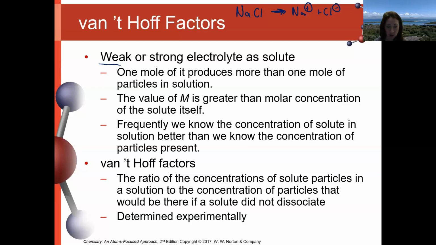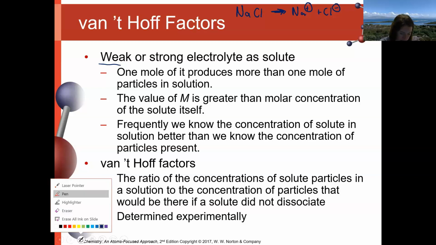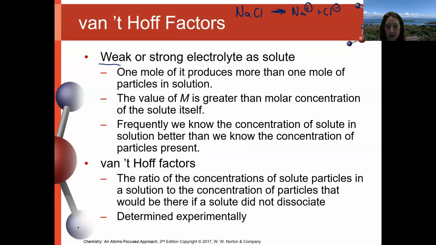For example, I'll write in blue. I was going to hopefully change this to yellow. I think you will be able to see it better. So NaCl, when it comes apart, becomes 2 things, right? What if we had MgCl2? It comes apart into 3 things.